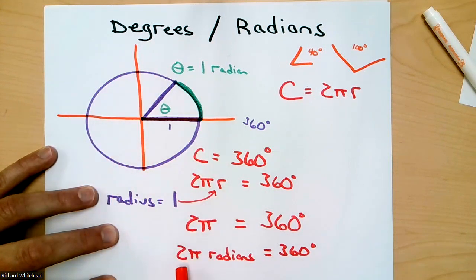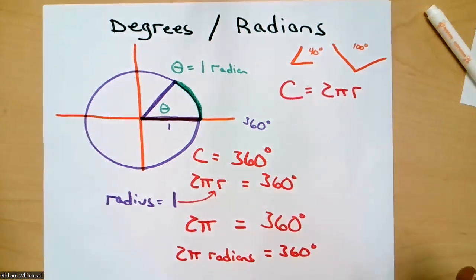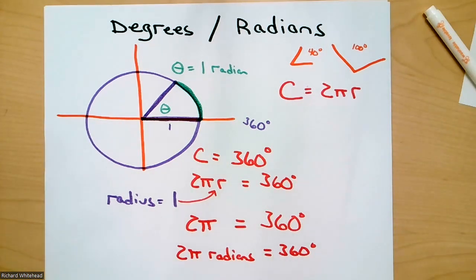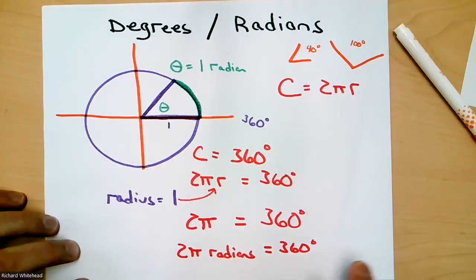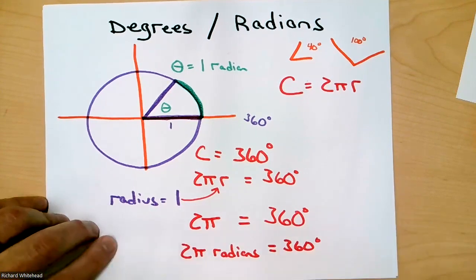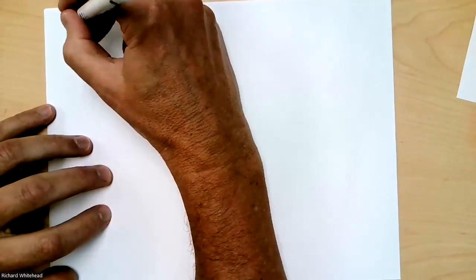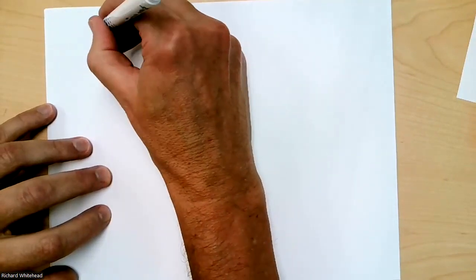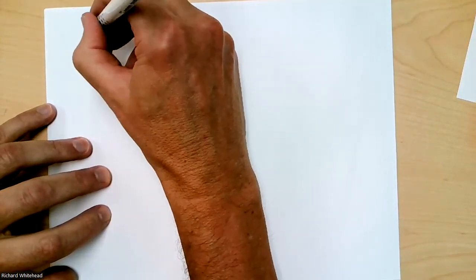So that 360 degrees would be the same as 2 pi radians. That right there is the start of this. So 2 pi radians equals 360 degrees. So when we start to build on that, you say, okay, far out. How does that help me?